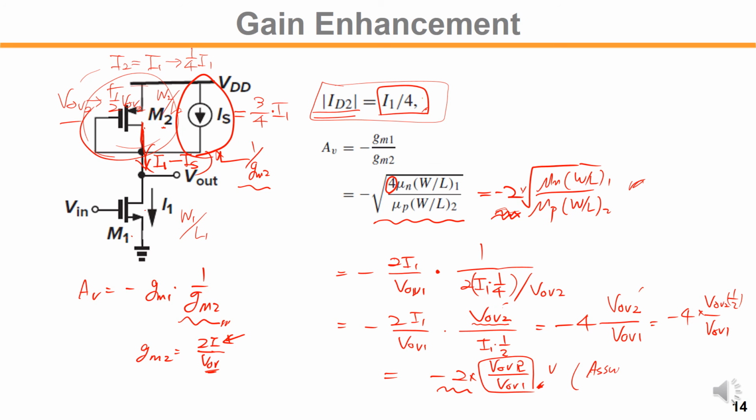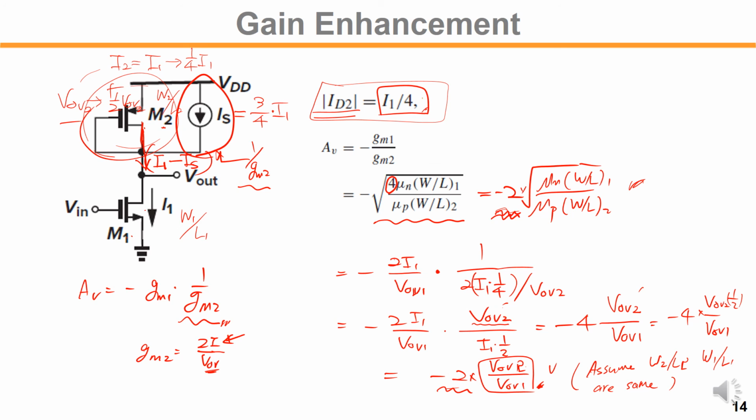In this derivation, I just assumed that W1 over L1 and W2 over L2 are the same. If you keep these values the same and place the current source in parallel, you will end up getting 2x larger gain.